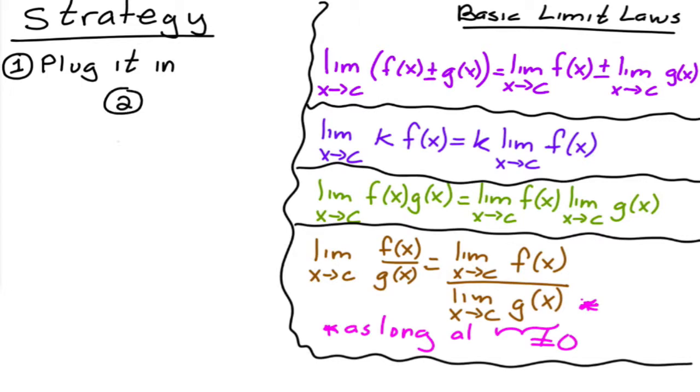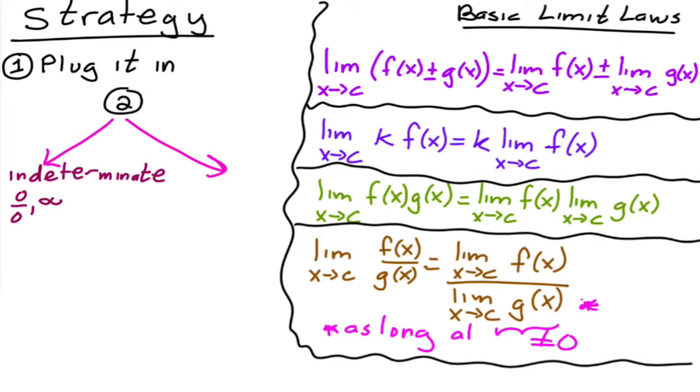Now, the second thing is that when we plug it in, two different things can happen. You can get an indeterminate form, and so an indeterminate form looks like 0 over 0, infinity minus infinity, infinity over infinity, 1 to the infinity.